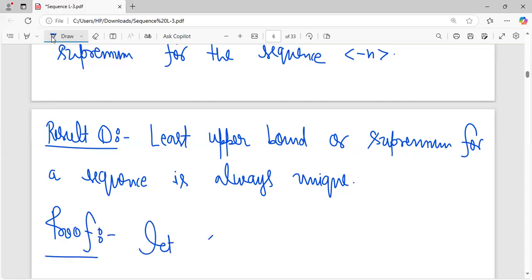Let this sequence a_n be a bounded above sequence.